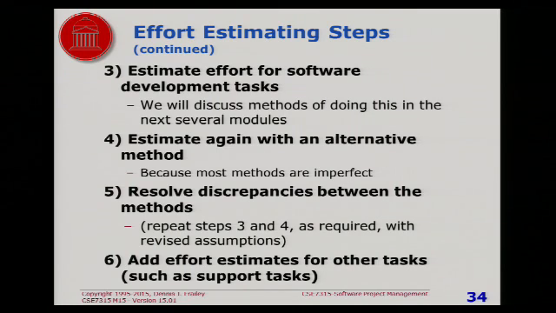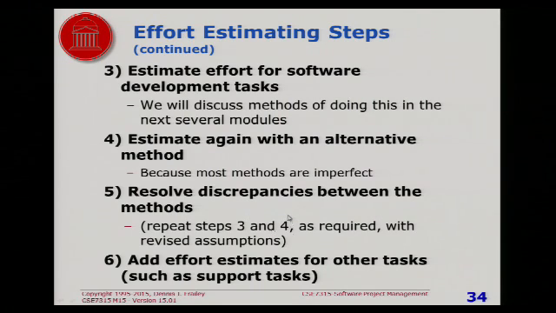The second method takes that into consideration. The first method doesn't. So that's what resolving the discrepancies is all about. And this is really where your skills come into play in step 5.